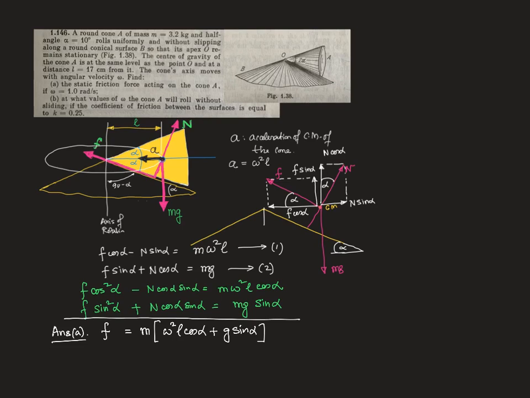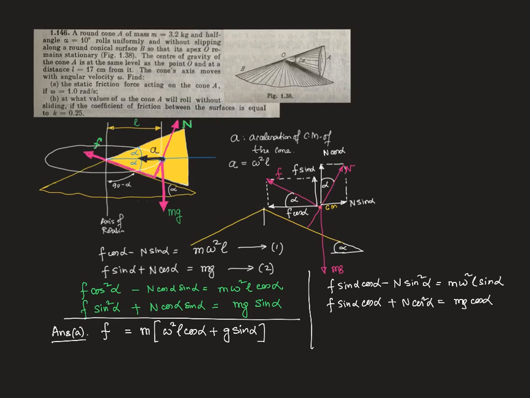Now for finding the value of the normal reaction, we multiply equation 1 by sin alpha, so that is F sin alpha cos alpha minus N sin square alpha is equal to m omega square L sin alpha, and also multiply equation 2 by cos alpha, so F sin alpha cos alpha plus N cos square alpha is equal to mg times cos alpha.